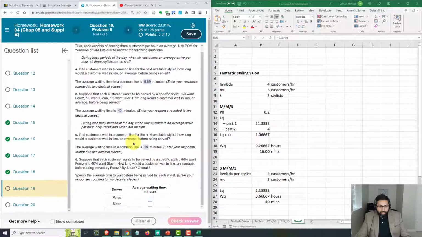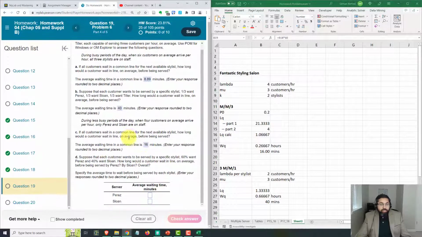Well done. Now, suppose we're still in this situation. This is going to apply to all the parts below it until we get any new instructions. So we're still 4 customers arriving, 2 staff, Perez and Sloan. Now let's say that it's not an equal split: 60% want Perez and 40% want Sloan.